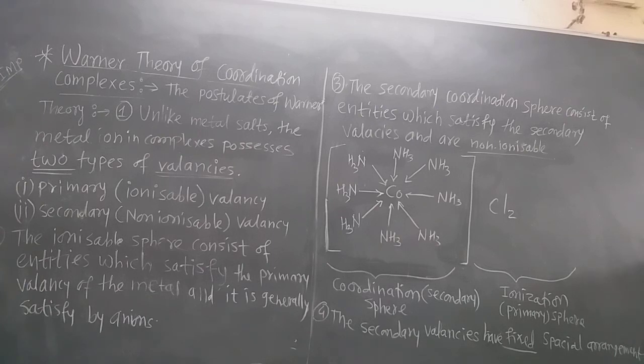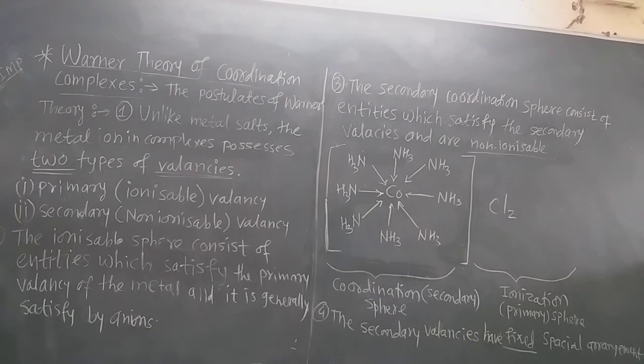That is the primary valency of chloride there. And the ammonia ligands are shown in the secondary sphere. So the primary valency is also the ionizable valency, that gets ionized. But in the secondary sphere, there are ligands and metal ions that are not ionizable, and so that is the non-ionizable sphere or secondary sphere.